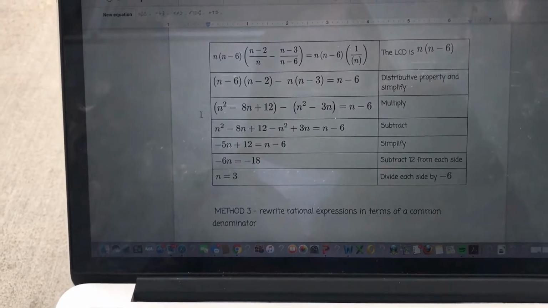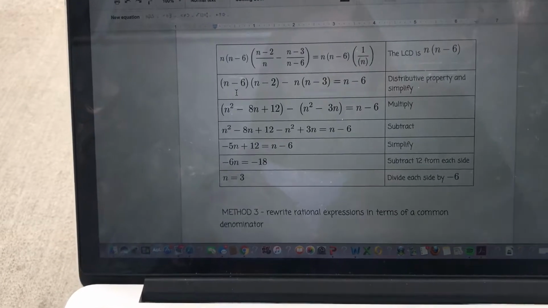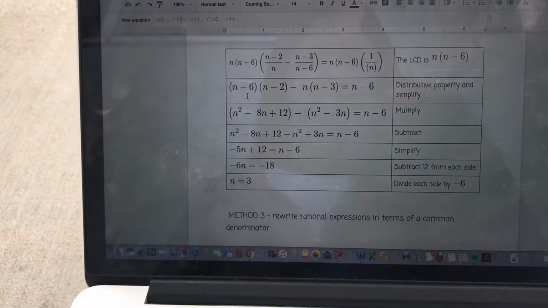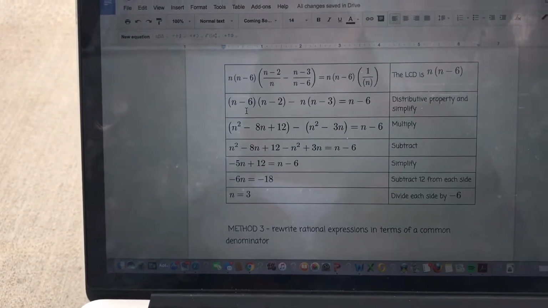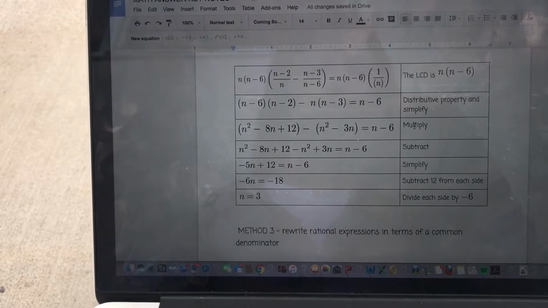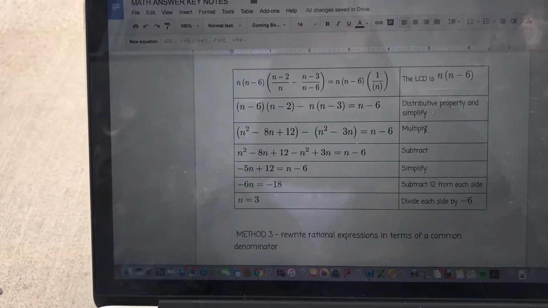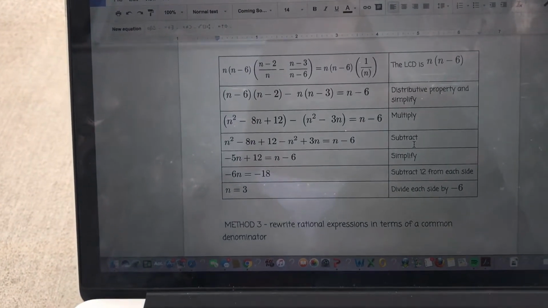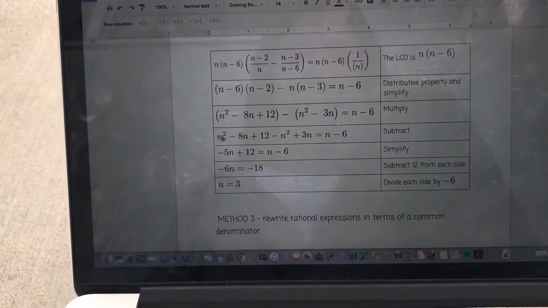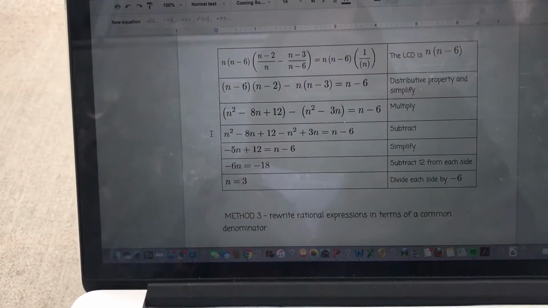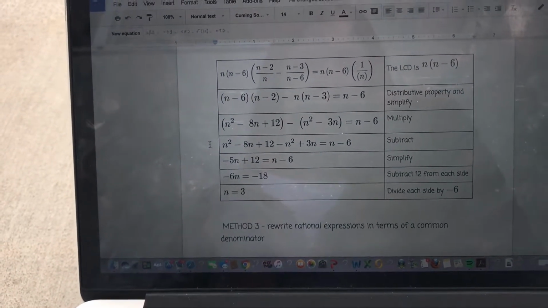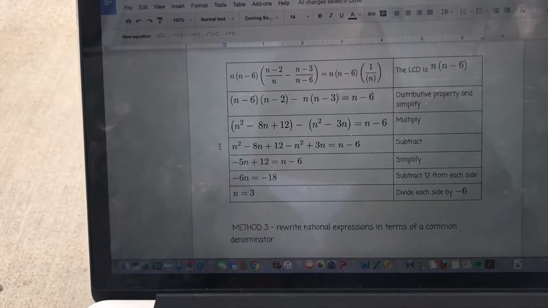And after we apply the distributive property and simplify, we're going to multiply. So n to the second power minus 8n plus 12 minus n to the second power minus 3n equals n minus 6. And after we multiply, we're going to subtract, and that would give us n to the second power minus 8n plus 12 minus n to the second power plus 3n equals n minus 6.